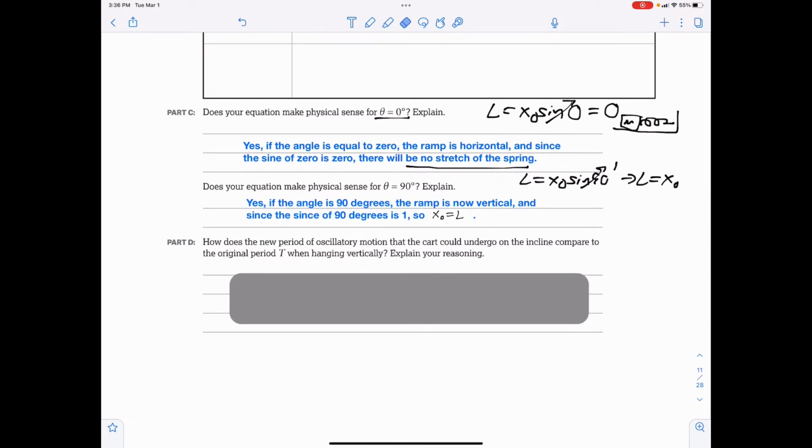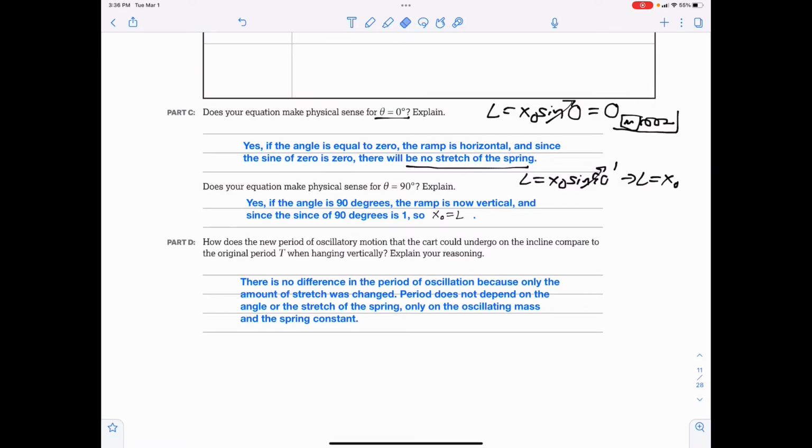Part D, how does the new period of oscillatory motion that the cart undergoes on the incline compare to the original period T when hanging vertically? Explain your reasoning. There is no difference. Okay, remember, the period of an oscillating mass is 2 pi times the square root of m over k.